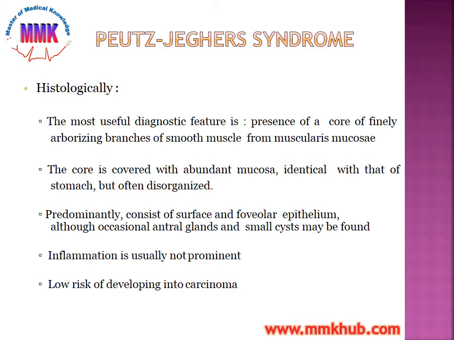The core is covered with abundant mucosa identical with that of the stomach but often disorganized. Predominantly, it consists of surface and foveolar epithelium, although occasionally antral glands and small cysts may be found. Inflammation is usually not prominent and there is low risk of developing carcinoma.